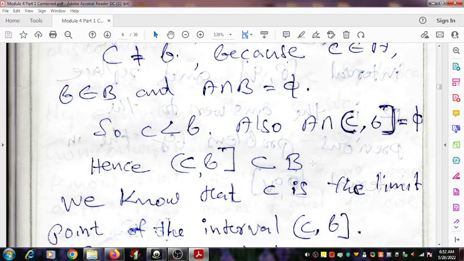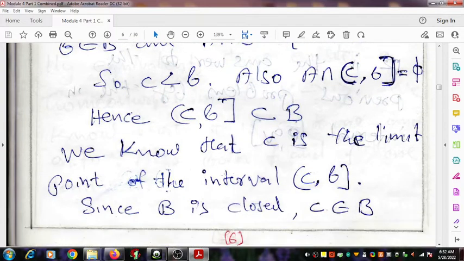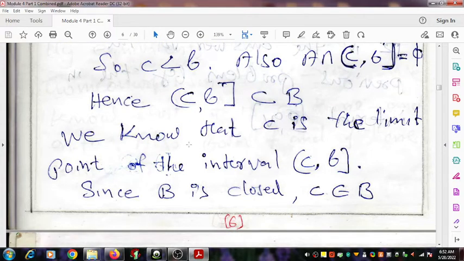Therefore it must be a part of B, because the union of A and B equals R. So the interval (c,b] is a subset of B, and we know that c is a limit point of this interval.